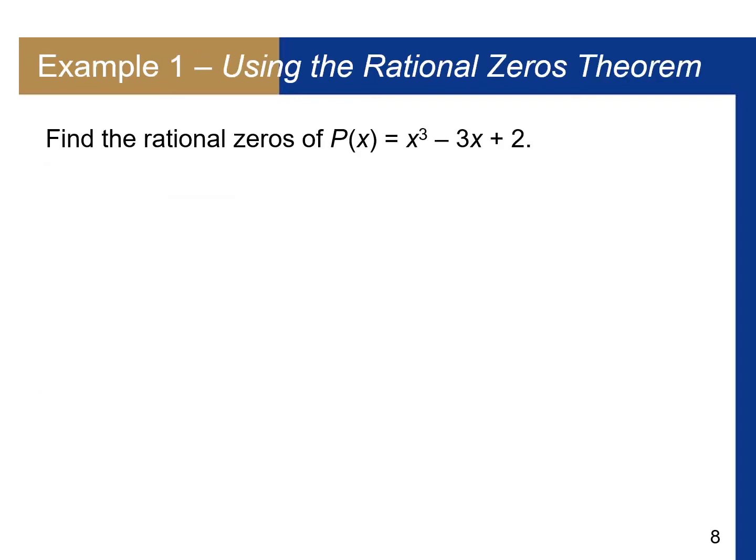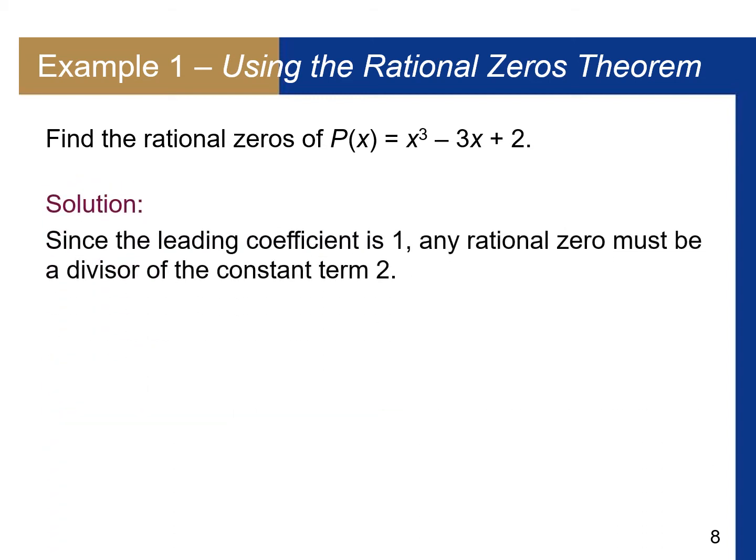So let's find the rational zeros of x cubed minus 3x plus 2. The leading coefficient is 1, and we have positive 2 here, so I'm going to take a look at the constant term 2.